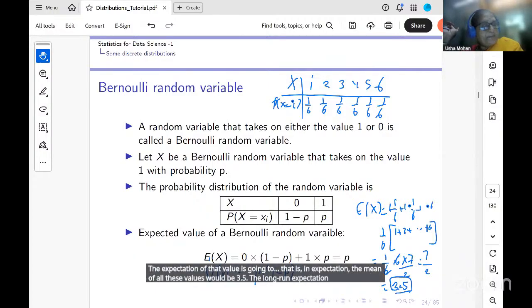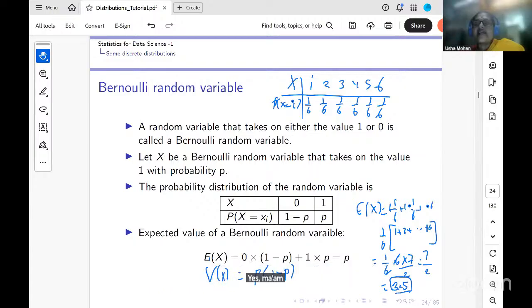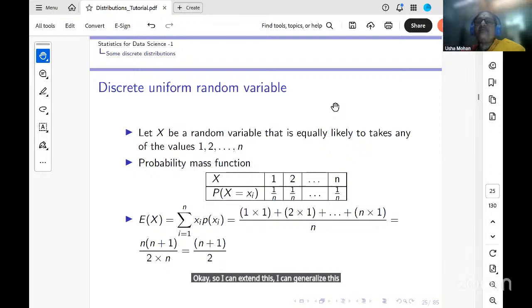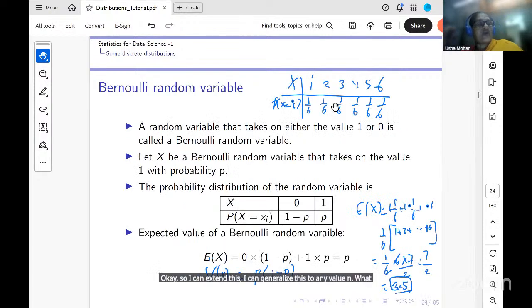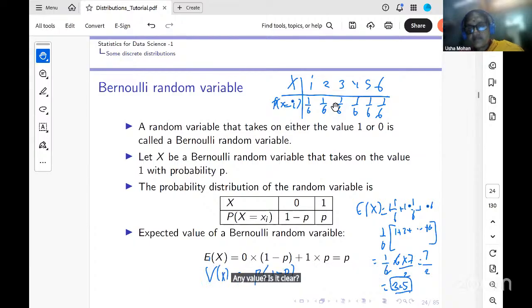I can generalize this to any value n. What I took as 6 values here, I can extend to any value. Is it clear?